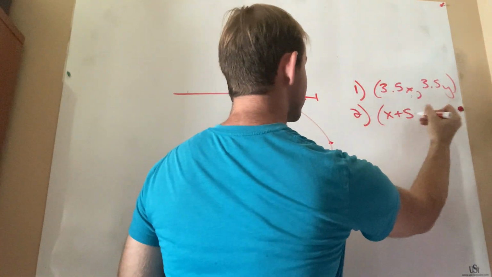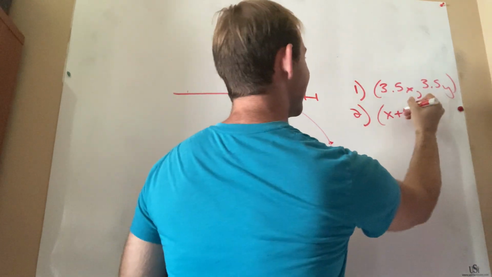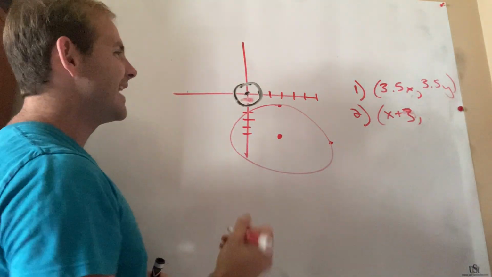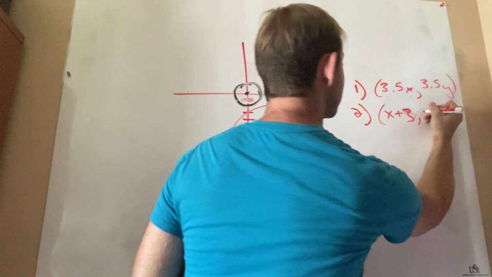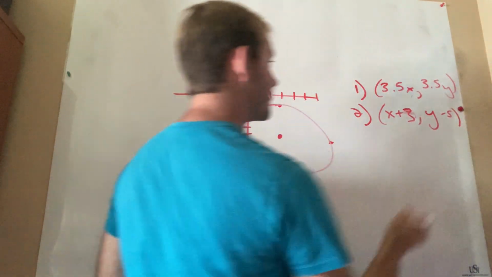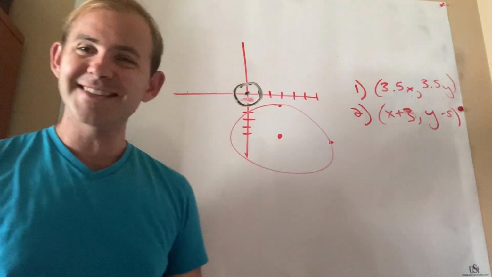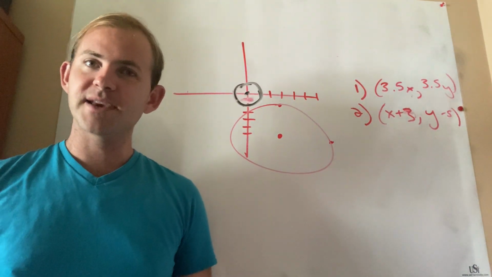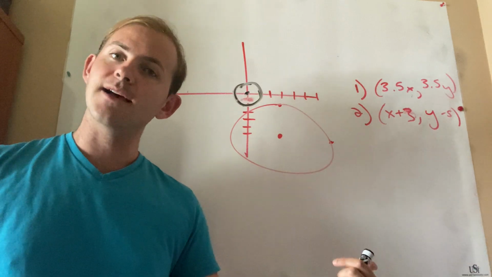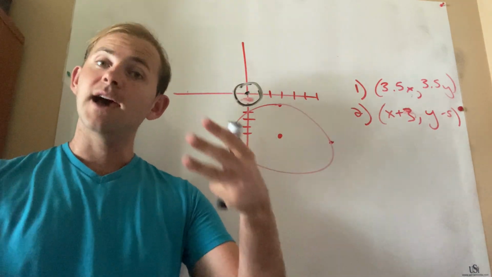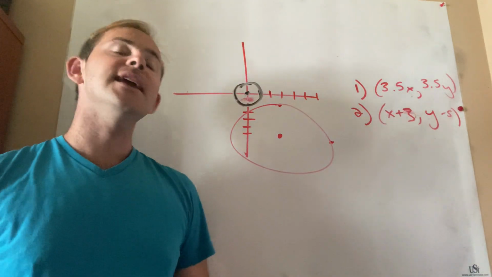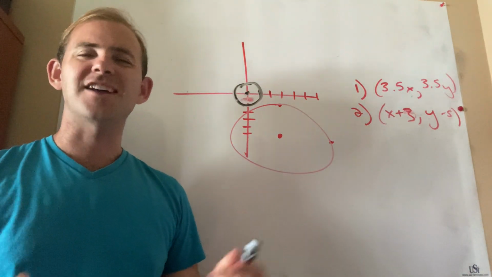So in other words, this is a sequence of circle transformations, because in order to get the black circle on top of the red circle, I have to first blow it up with a dilation, and then translate it to get it exactly on top of the red one.